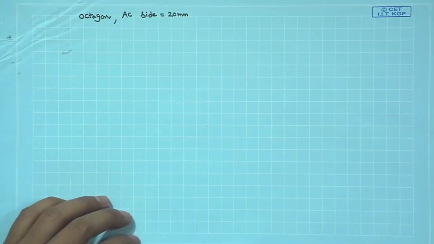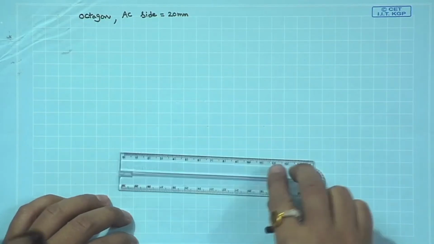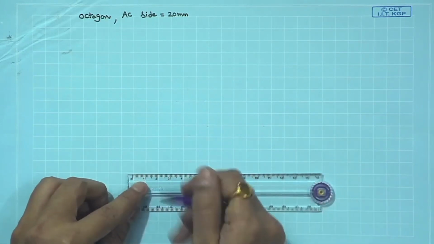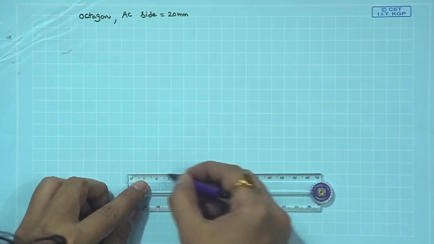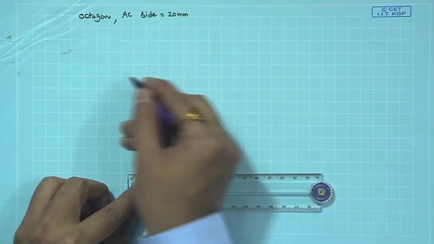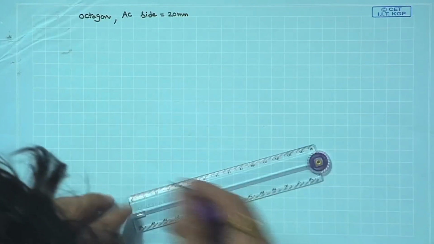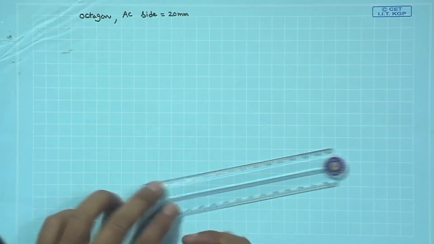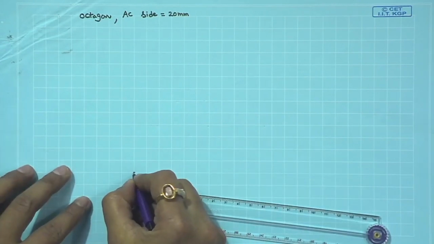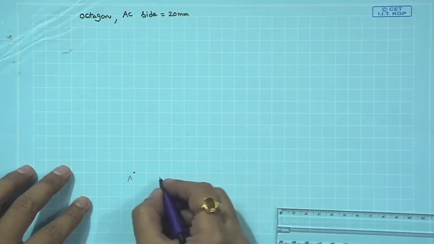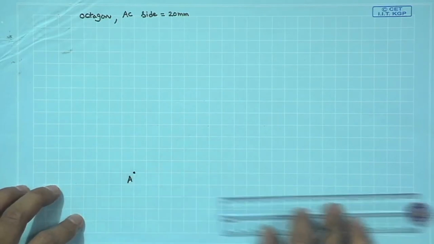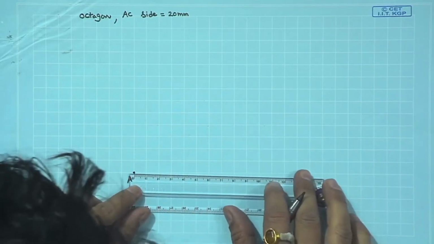Further, the first point is draw a 20 mm side. So, we are going to construct from the baseline AC. So, our octagon goes all the way in the upper. So, first identify point A, point A here and a side length of 20 mm.